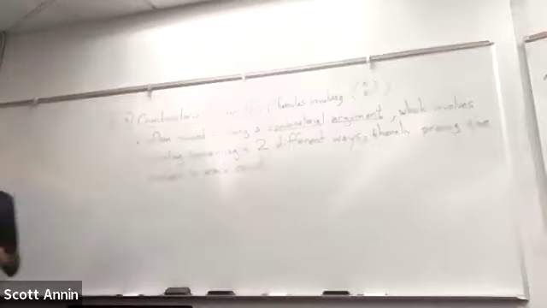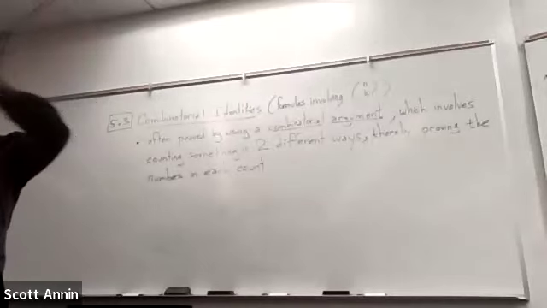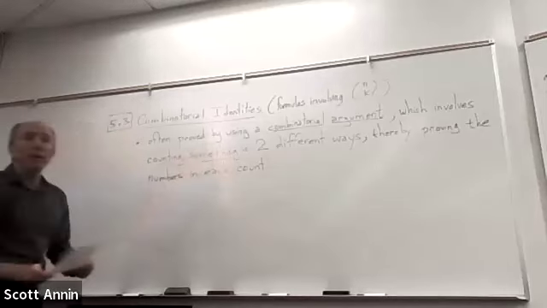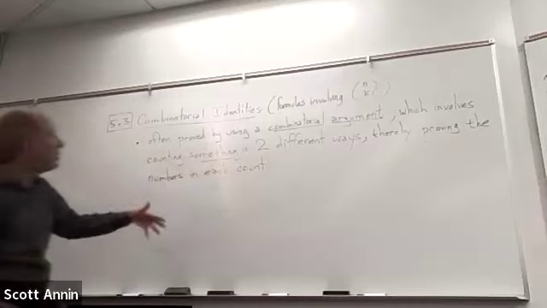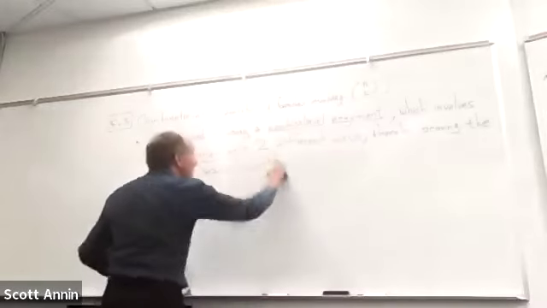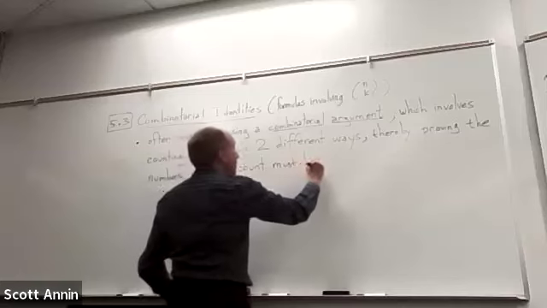Counting one way, you'll get one expression. Counting another way, you'll get a different expression. But since you're counting the same thing, whatever this something is, the two counts have to be the same. So the numbers in each count must have the same value.